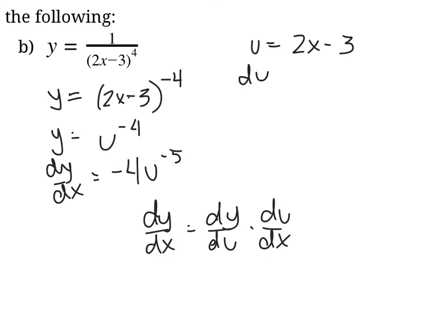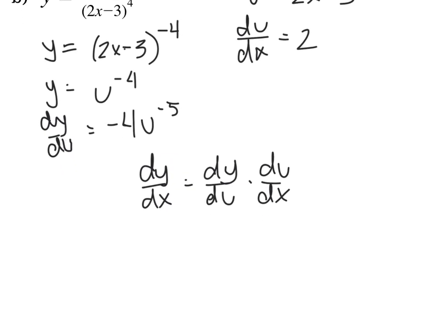This should be dy by du, right? Because there's no x in that we're taking the derivative of. So it's u, the variable that we're taking the derivative of. Okay, so sorry, going back, du by dx is equal to 2. So the derivative of this whole thing, dy by dx, is just going to be negative 4u to the negative 5 all times 2.